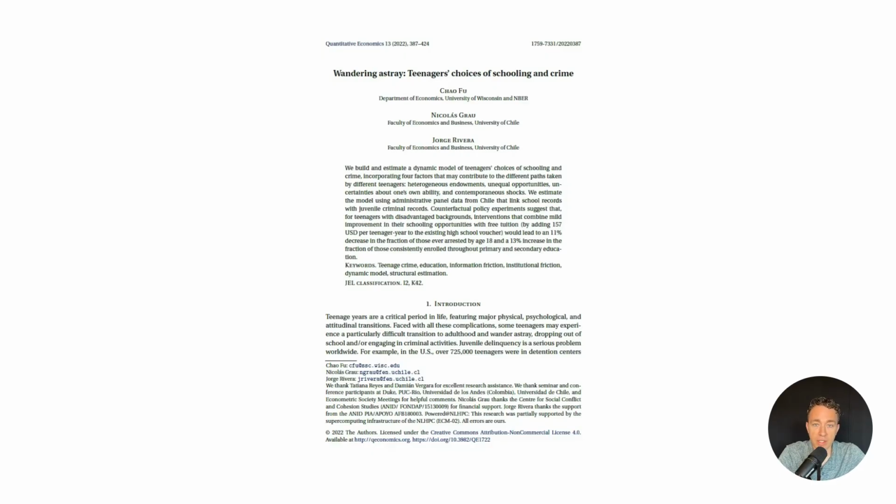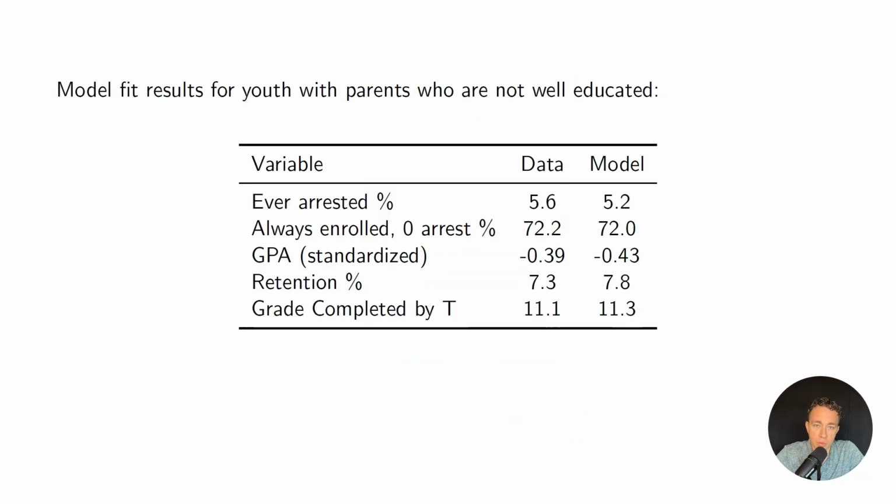So they come up with a dynamic discrete choice model where they are analyzing high schoolers' decisions to attend school, what type of school to attend, and what type of criminal activity they're engaging in. And the model fit table, this is just one excerpt from one of their tables that shows the model fit, just to illustrate what I was just talking about earlier in this video.